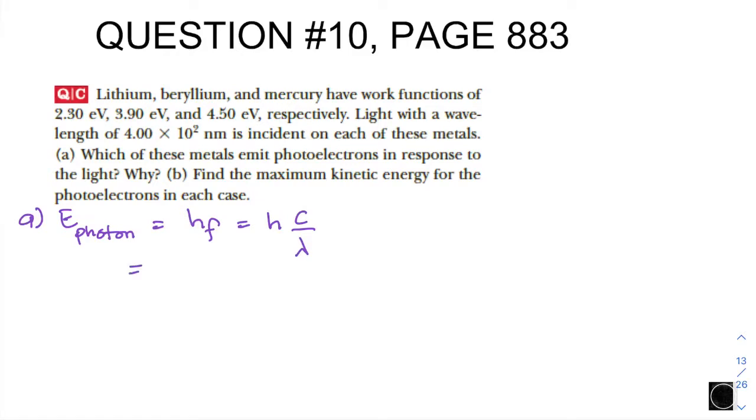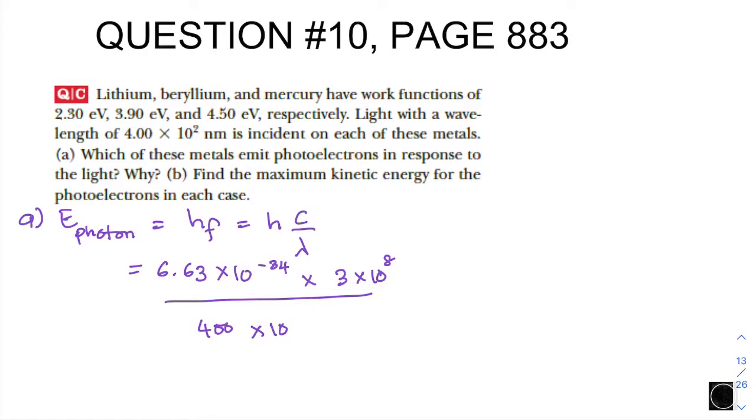So Planck's constant, 6.63 times 10 to the power of negative 34, times c, 3 times 10 to the power of 8, divided by 400 nanometers. Don't forget to convert the prefix, negative 9.